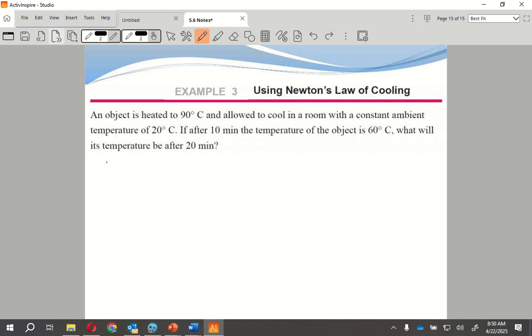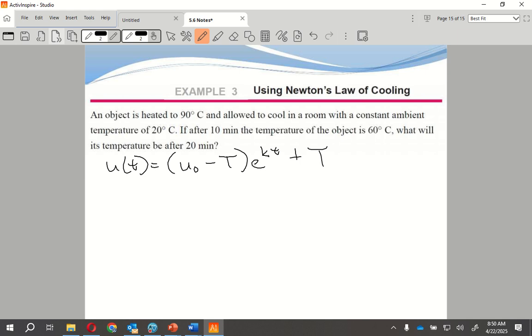Here's the formula. Let's plug in. We have some values that we can start off with, because eventually I want to figure out what it is after 20 minutes. But after 10 minutes, I know what the end result is. So I know that my U of T, my temperature, is going to be 60.